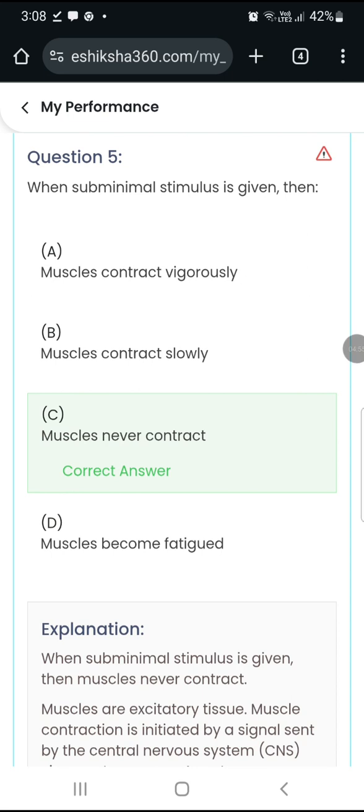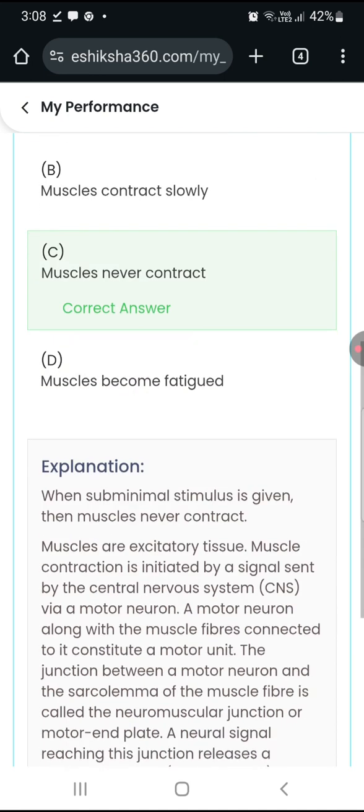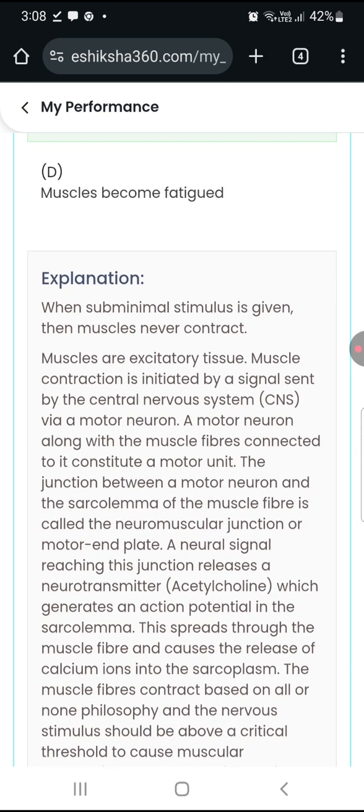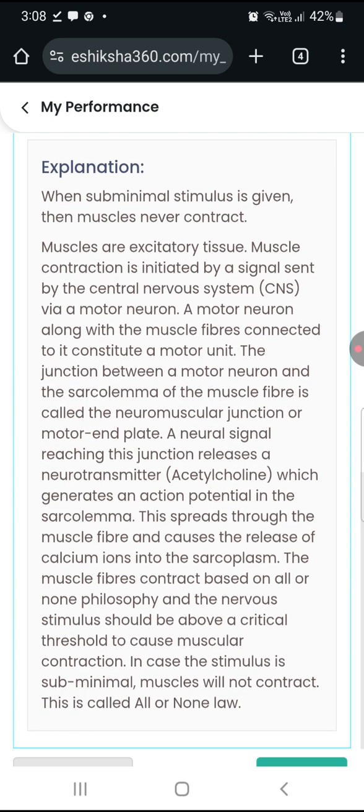When a subminimal stimulus is given, then muscles never contract. Explanation: when a subminimal stimulus is given, then muscles can never contract. Muscles are excitatory tissue. Muscle contraction is initiated by a signal sent by the central nervous system (CNS) via a motor neuron.